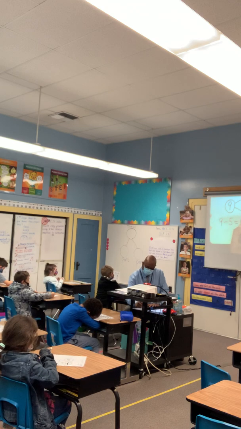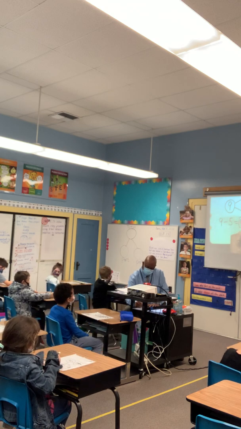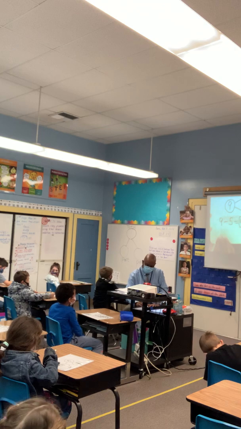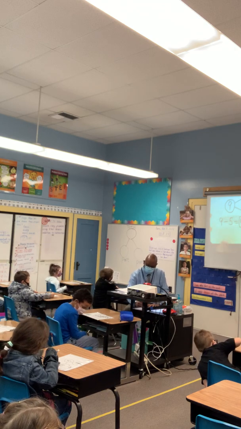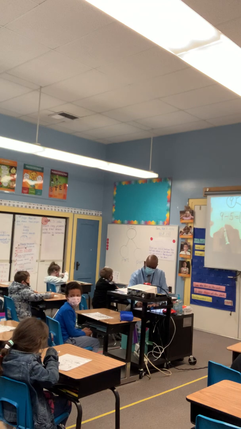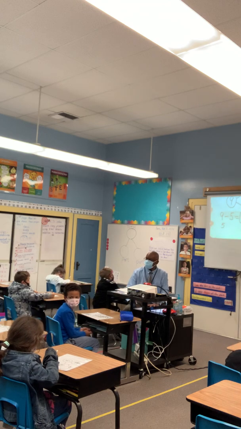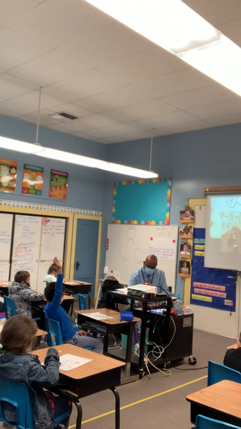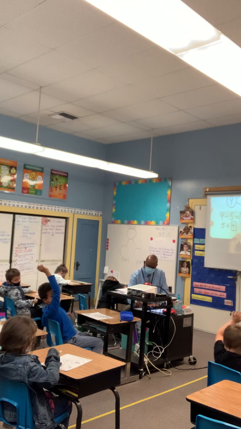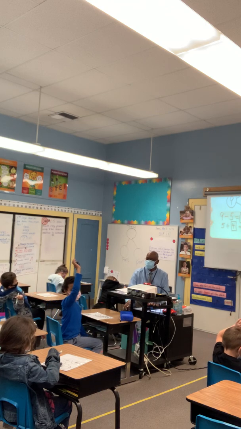If 4 is the mystery number we're looking for, we start off with our total. Let's write this again. We started off with 5, and we added 4 to it, our mystery number. That's equal to 9 for our total.